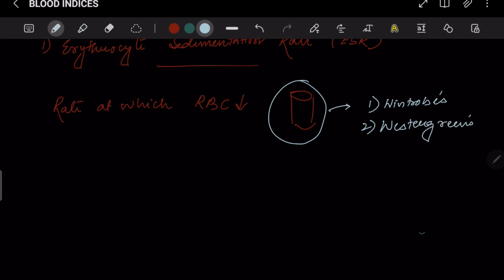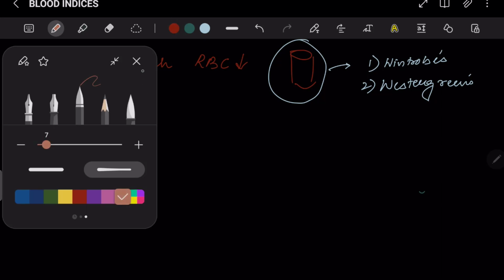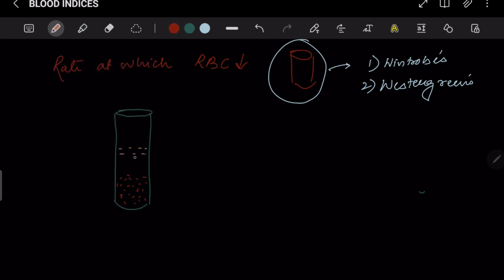Now, what is the process behind calculating this erythrocyte sedimentation rate? We take these tubes, the Wintrob's tube or the Westergren's tube, and a blood sample is taken and allowed to settle down for about 1 hour, and what is seen is that the plasma separates above these red blood cells. The height of the column of this supernatant plasma is basically the ESR.